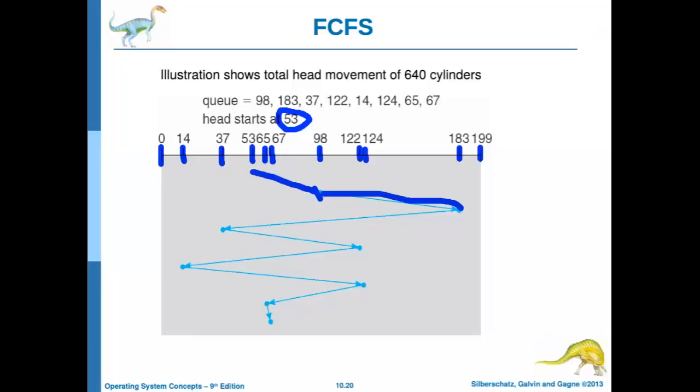The number of entries is 1, 2, 3, 4, 5, 6, 7 and 8. You can check it there. Total 8 read or write requests are there, starting from 53. So this is FCFS, that is first come first serve.